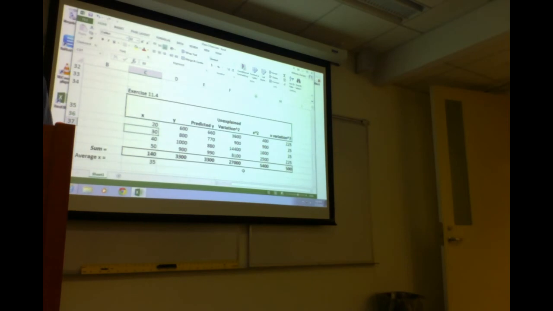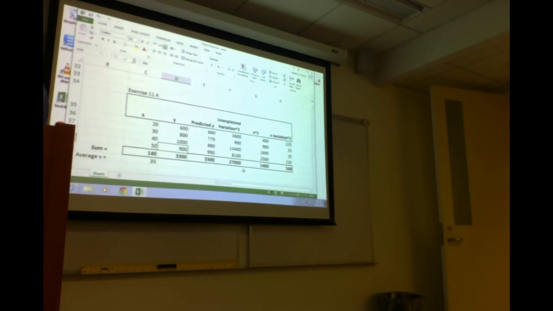Developer 2 linked his mobile app to 30 different websites, and he had 800 downloads. Number 3 was linked to 40 sites, 1,000 downloads. Number 4 was linked to 50 websites, 900 downloads.